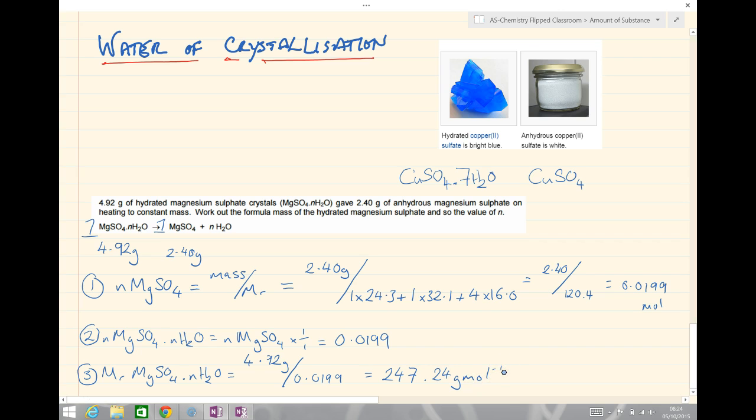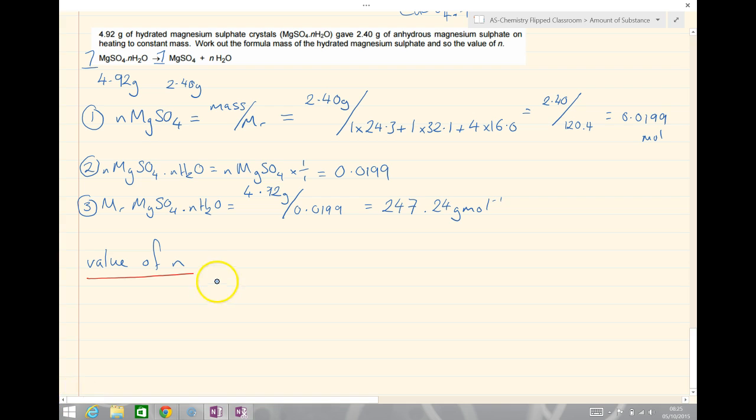So that's exactly the same as we've seen before. We're now going to go a little bit further and see if we can work out what the value n is in our water of crystallization. To find the value of n, we know that the molecular formula mass of MgSO4.nH2O is equal to 247.24.